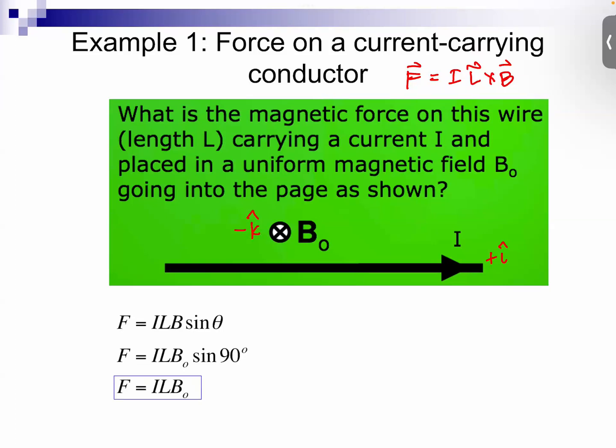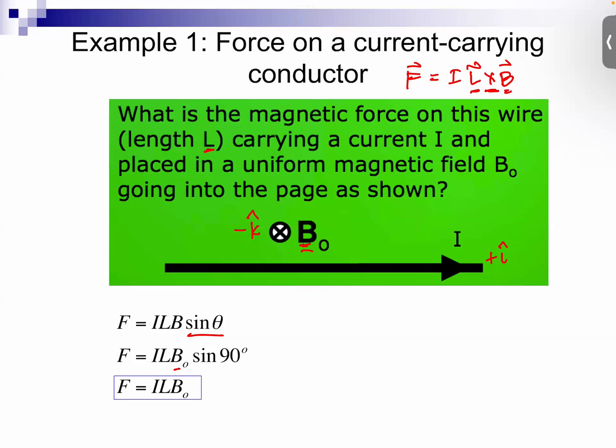For the magnitude, expand the cross product to its sine theta definition. We're working with variables here because we're not given numerical values. So the current is I, the length of the wire is L, and the magnetic field strength is B0, the magnitude of the magnetic field. Theta is the angle between the two vectors in your cross product.